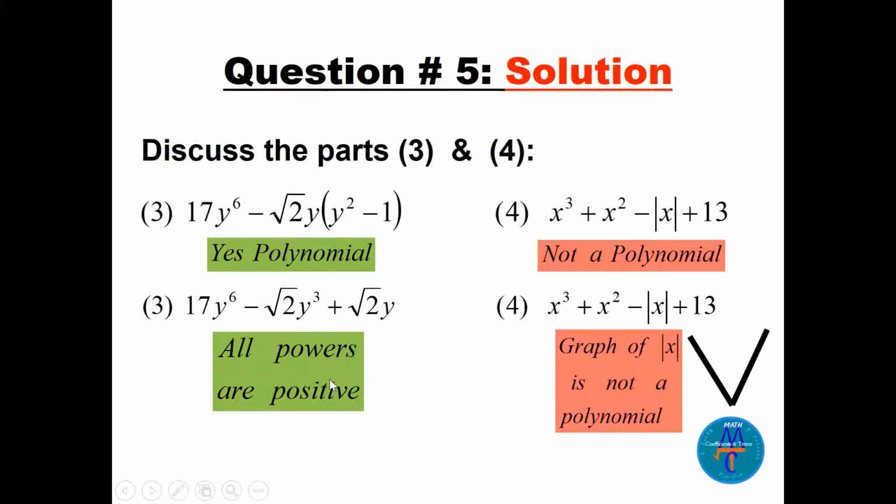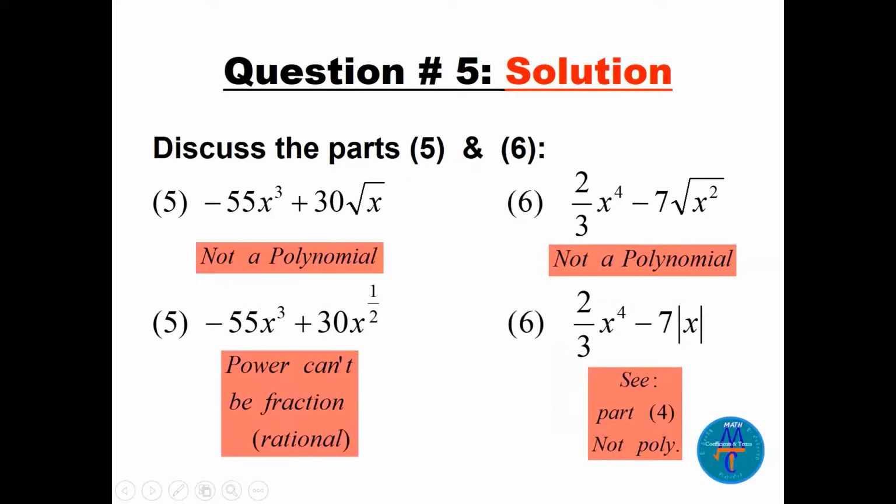All powers are positive or 0, so we can accept. This one is not a polynomial because we have absolute value. When you graph absolute value, it's a V shape, and this is not the graph of a polynomial. A polynomial should be smooth and continuous. This is not a smooth graph. It's a V.